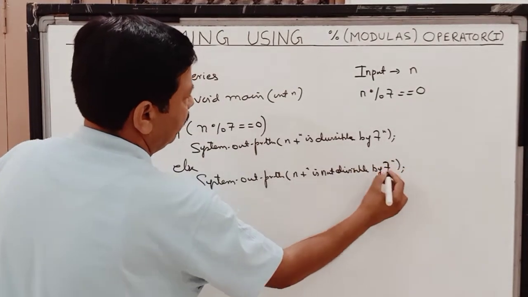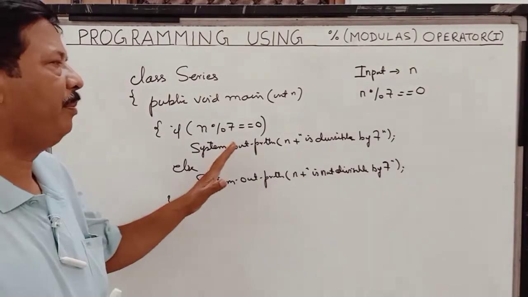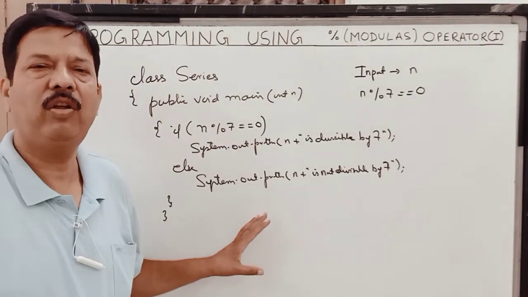So I hope children this is a simple logic where we have used a modulus function to check whether a particular number is divisible by 7 or not.